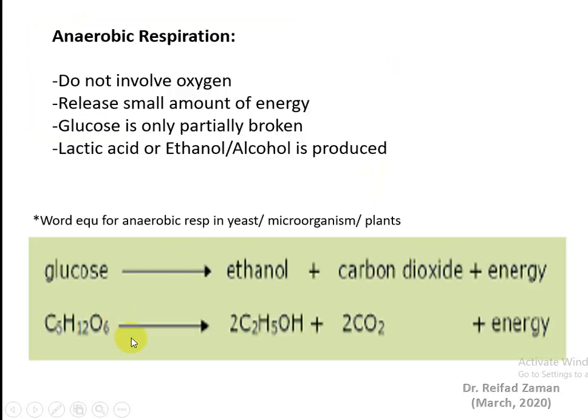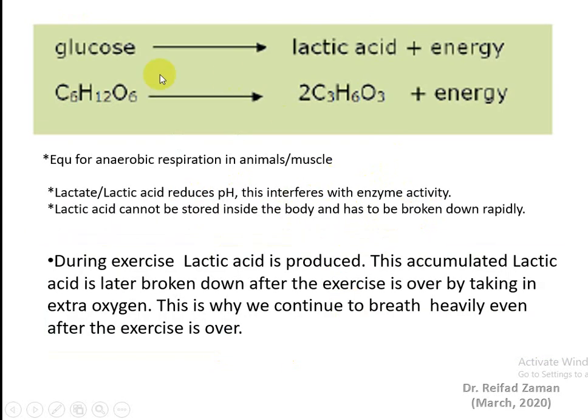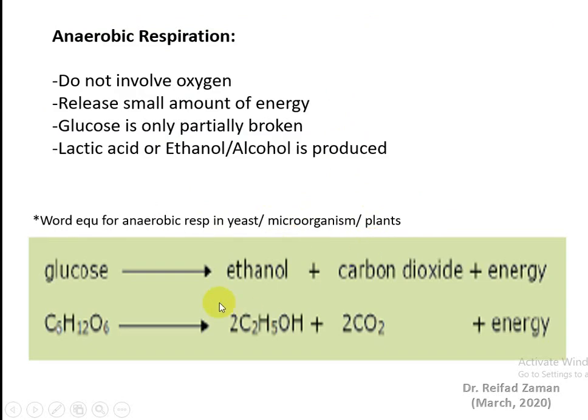But if we check the anaerobic respiration in the case of microorganisms and plants, the end products are ethanol and carbon dioxide. So in animals, glucose is directly broken down into lactic acid, whereas in microorganisms and plants, anaerobic respiration produces ethanol and carbon dioxide. In both cases, a very small amount of energy is released.